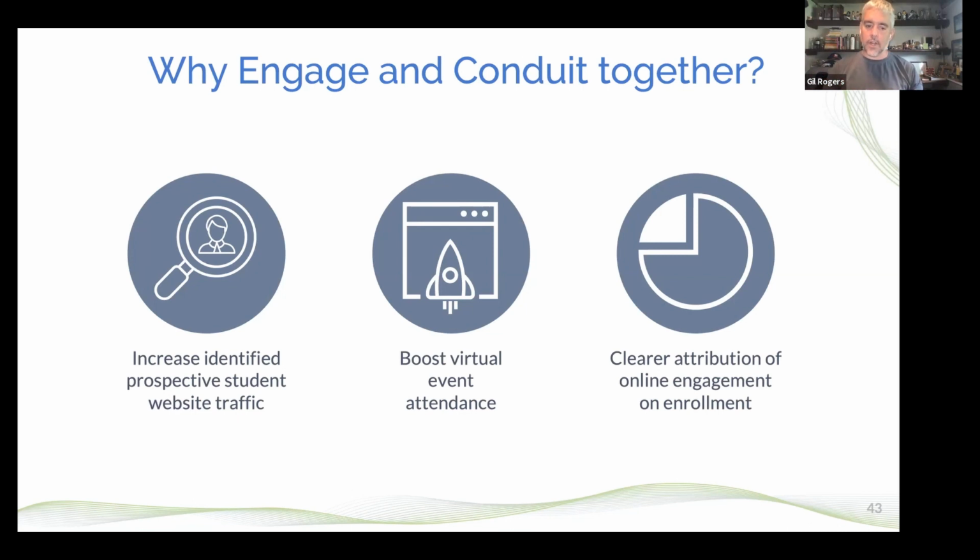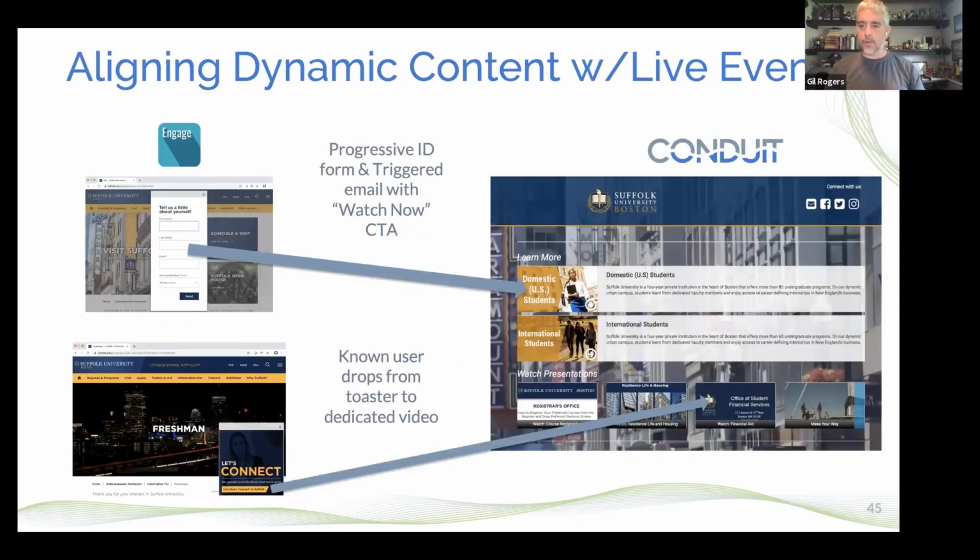Imagine a scenario where a student you acquired from PSAT, SAT, College Board, Niche, whatever source you're getting names from, has not responded to any of your search messaging, but has been on your website 100 times. They've done all these things, but you don't know that. Then they access your Conduit platform.